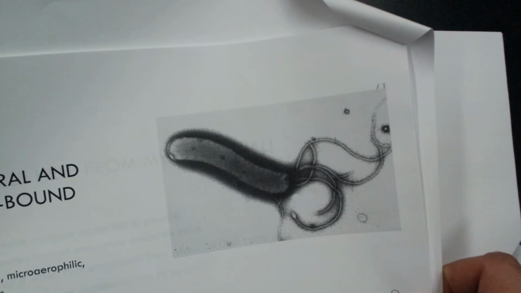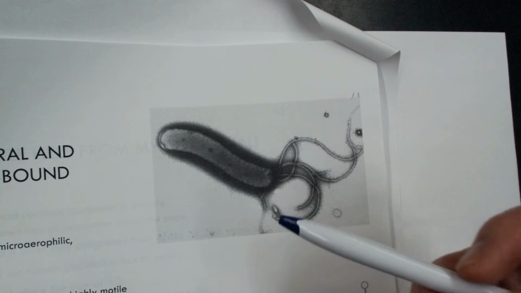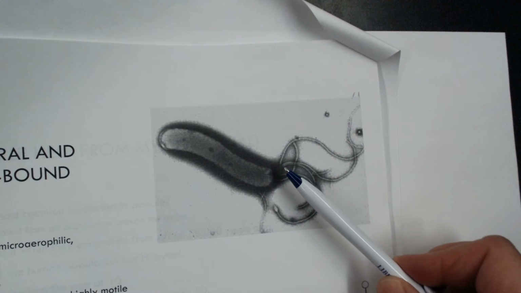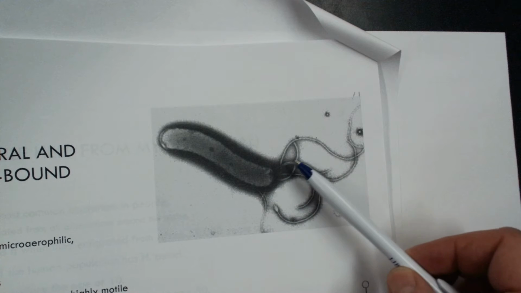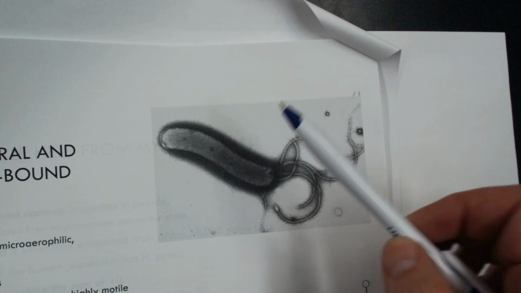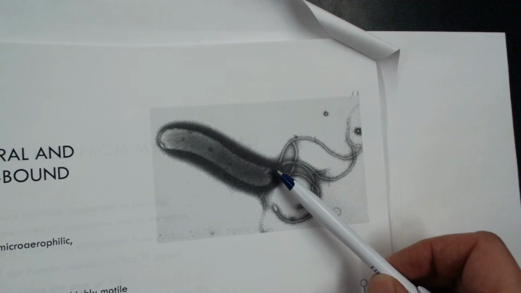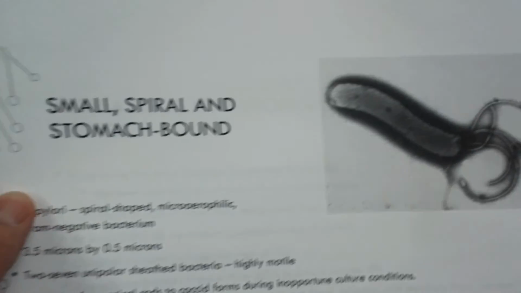So here's a picture of Helicobacter pylori. You see it has a tuft of flagella at one end. Very highly motile organism. It's a little bit spiral shaped.